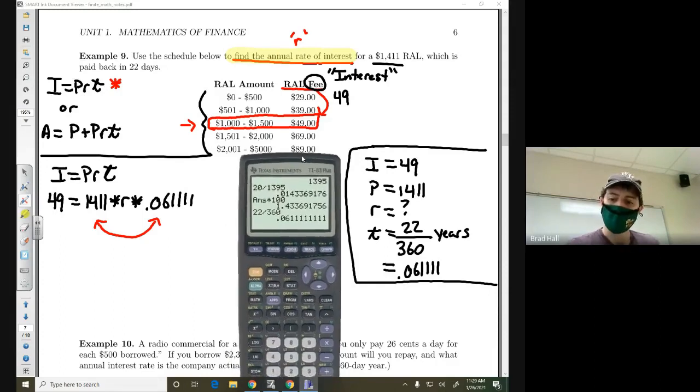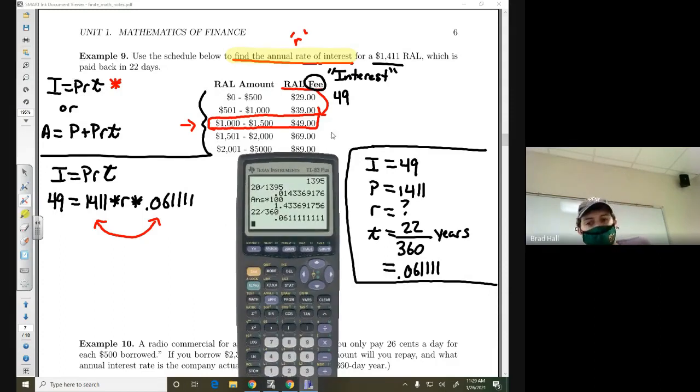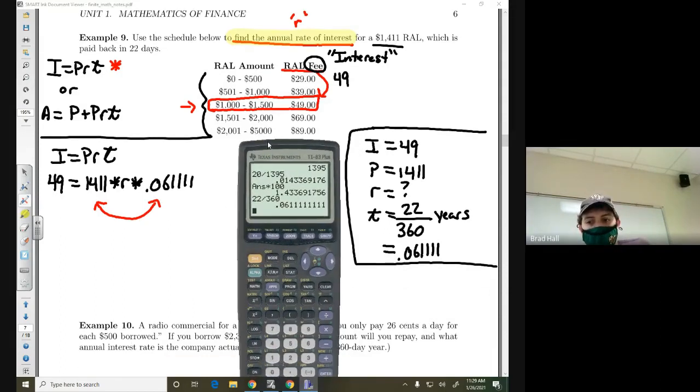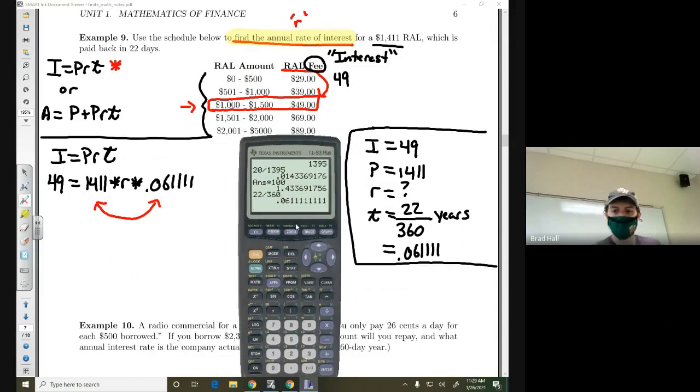Now here's that little calculator trick if you don't feel like typing in that number. If you type in 1411 times, there's a button up on the top left and it should say second. Click on that. You go all the way to the bottom right, not to the furthest bottom right, but one to the left of that, and you should see the letters ANS.